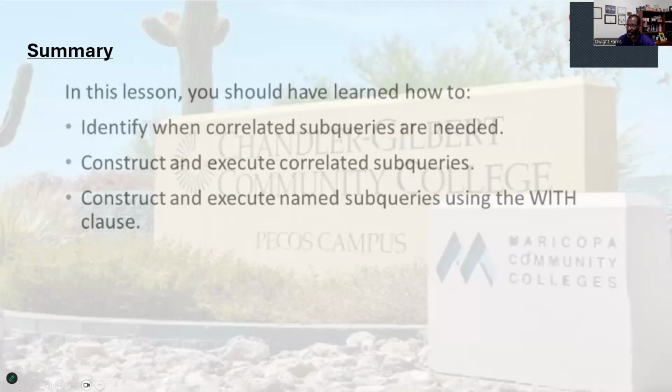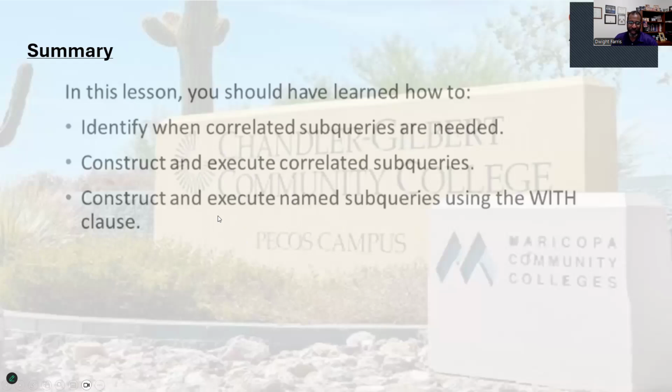The WITH clause can be useful. You don't necessarily need to use it in many instances, but it does create some efficiencies, especially with large databases. You possibly use that for efficiency. So we learned all about correlated subqueries and how to execute them. Remember, it basically evaluates every row depending on what your outer query is looking for.